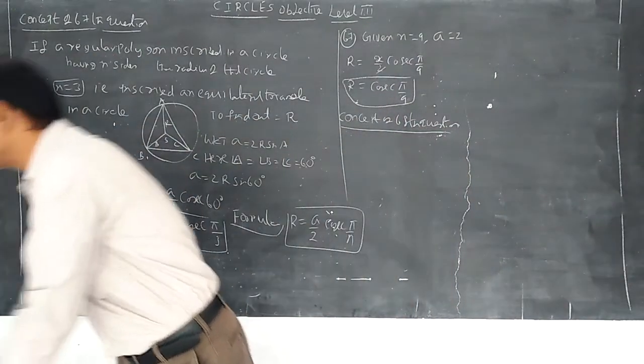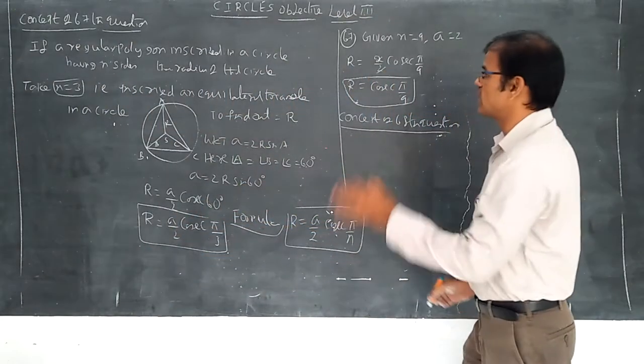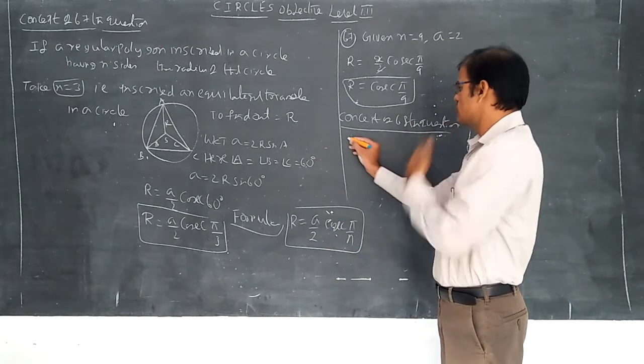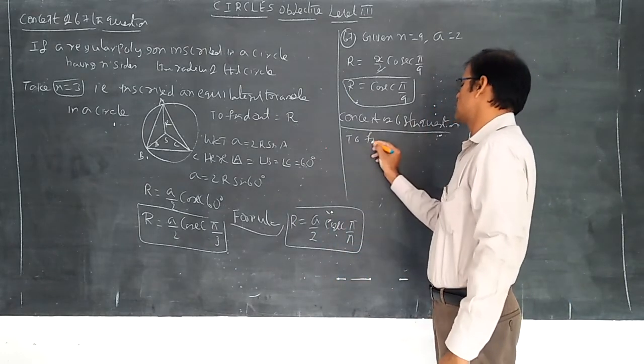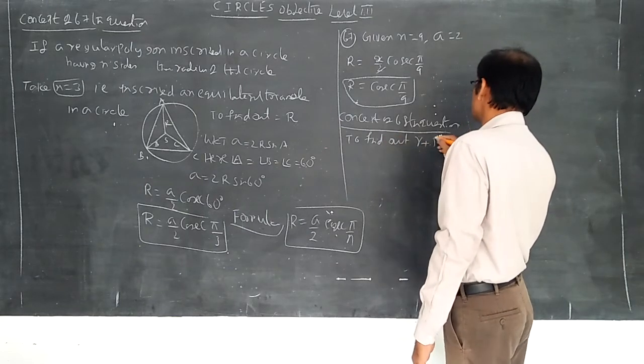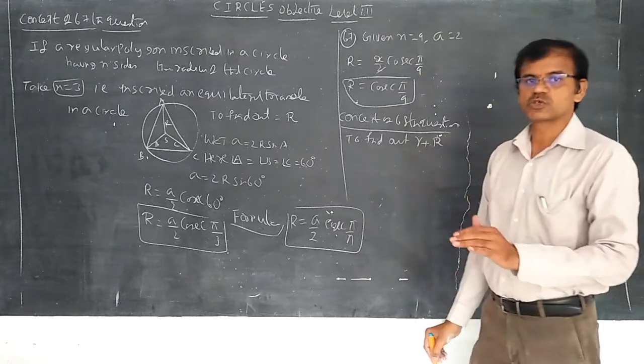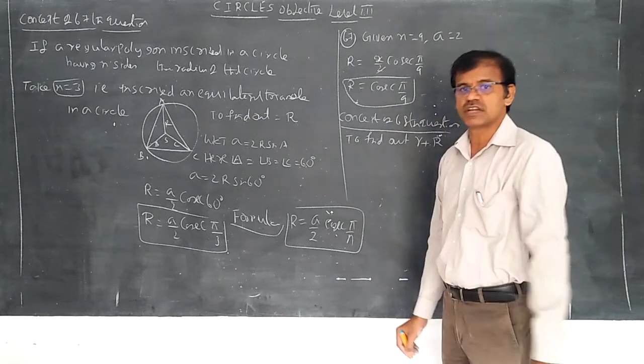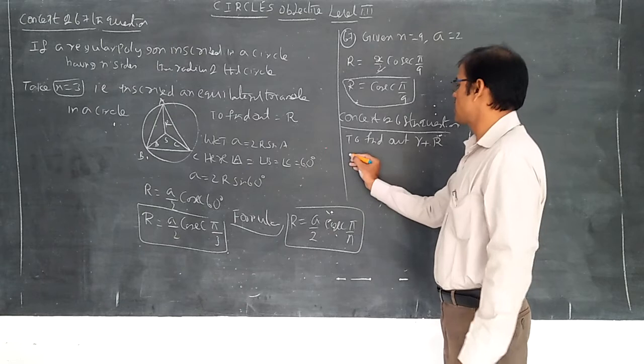In a similar way, to find the sum of inscribed and circumscribed radii, I am writing to find small r plus capital R. This you should also remember as a formula for Mains and Advanced also.